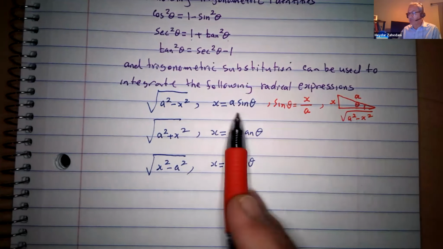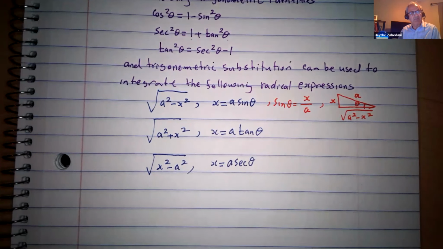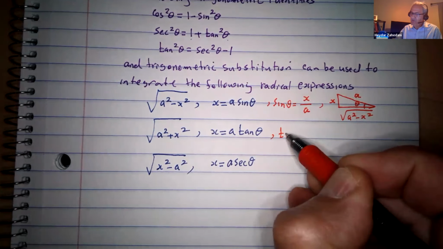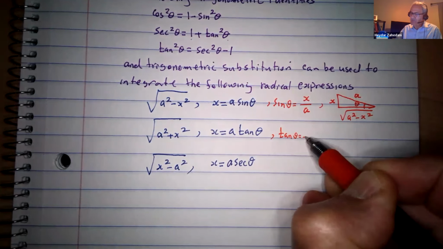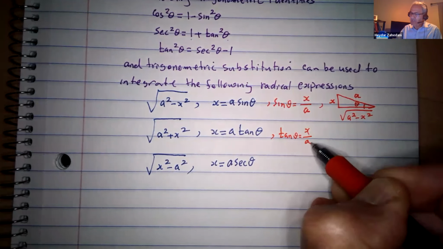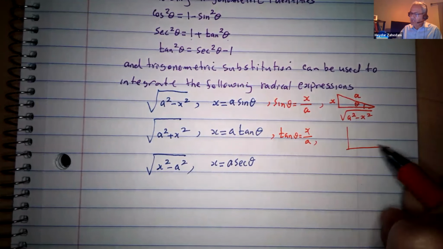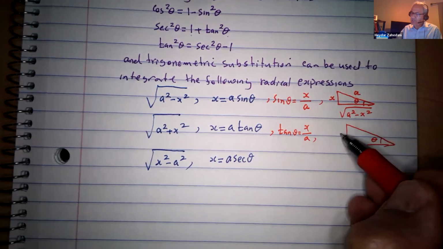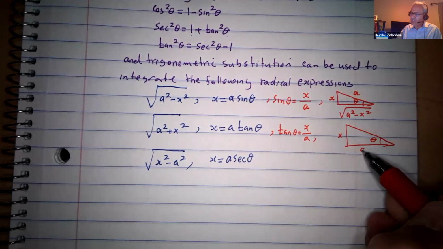If everything is all right, you will see this one right away. For this one, you have tan of theta equal to x over a, so your triangle would be of this format. This is going to be your theta. The tangent is the opposite side over the adjacent.